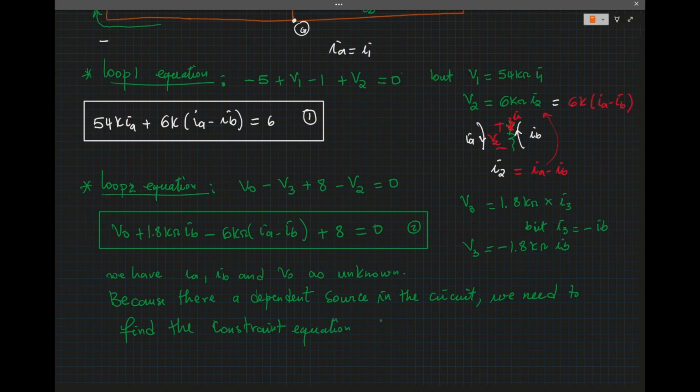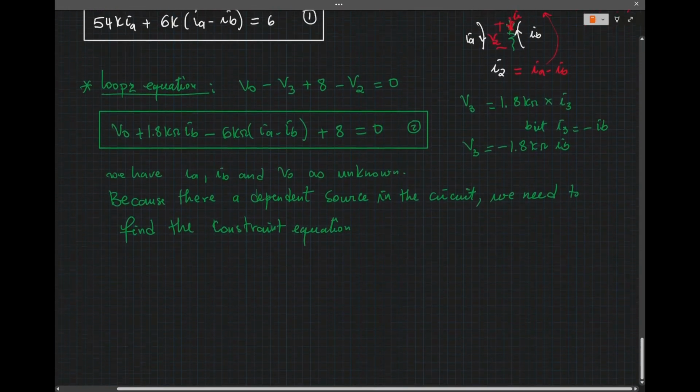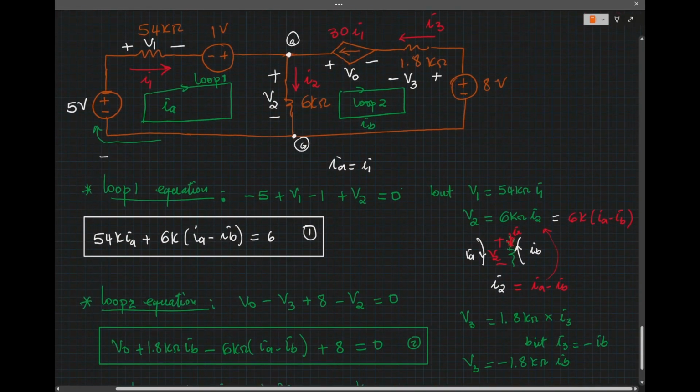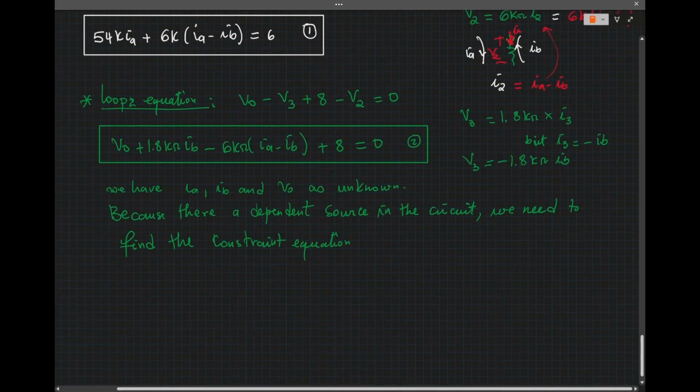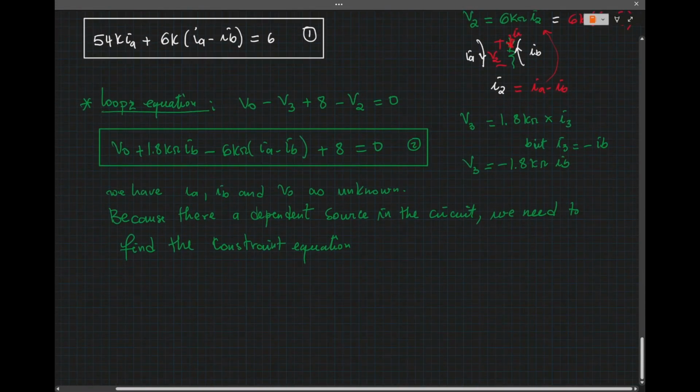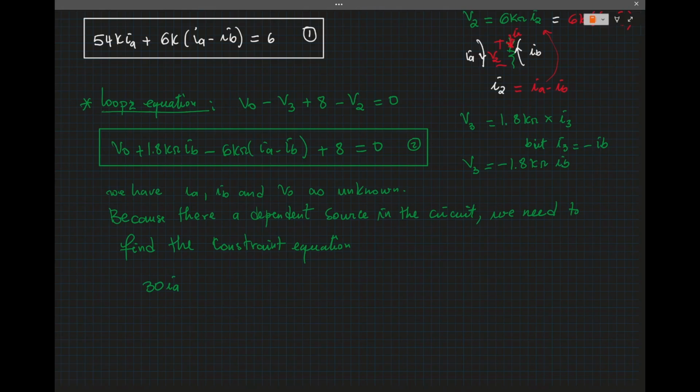That means the relationship between the dependent current source and the current that it depends on. The current of the dependent source is 30 I1. So I3 equals 30 I1.